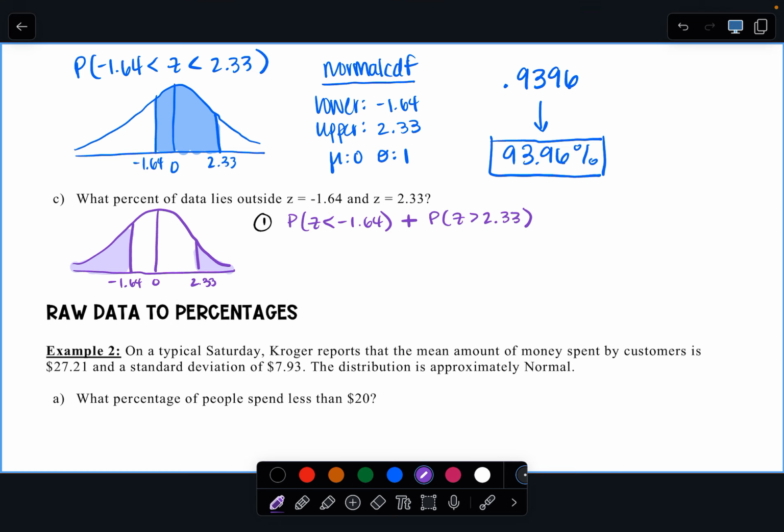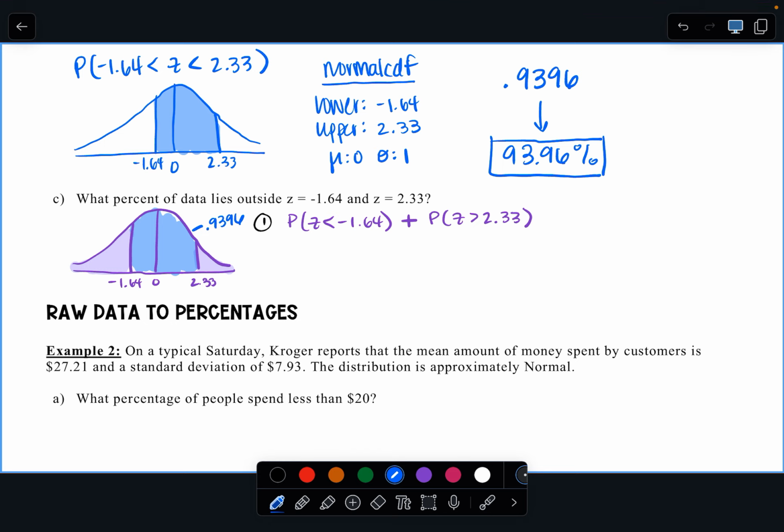If I didn't have part B, that might have been an option. With us having done part B, I know that the area between these two values totals 0.9396. I already found that value.